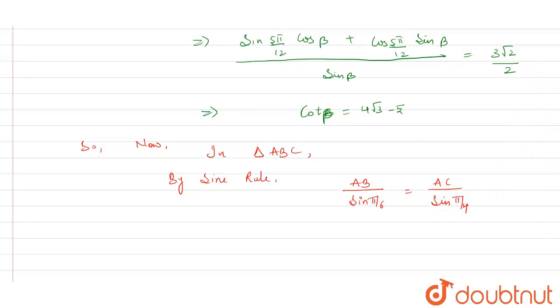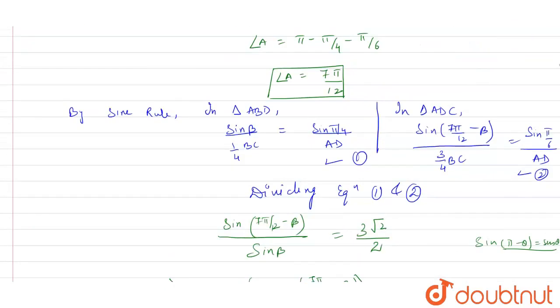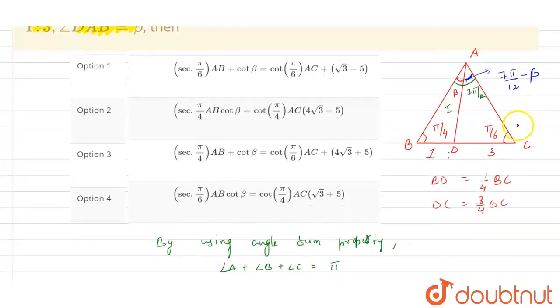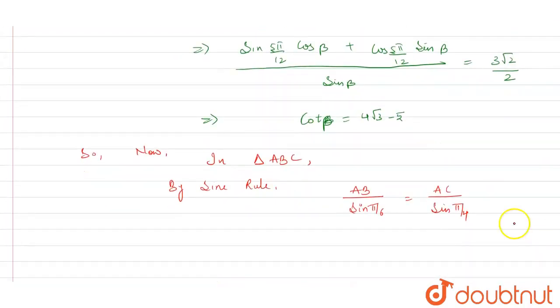Let us see in the diagram if I have written it correctly or not. So I have written AB upon sin pi by 6, that means this side upon the opposite angle, that is sin pi by 6, is equal to AC upon sin pi by 4. So it is also correct. So let us solve it further.